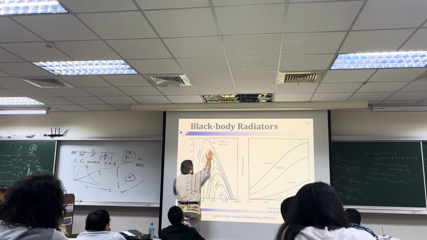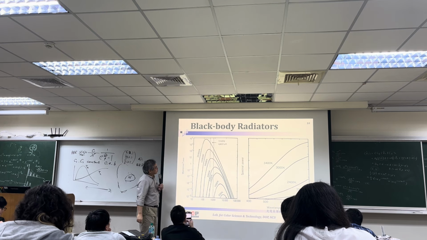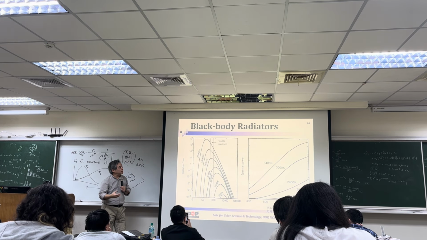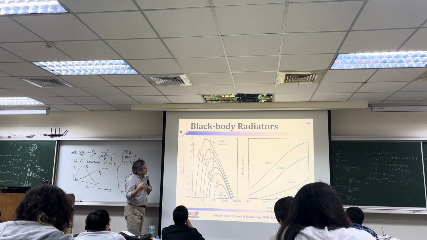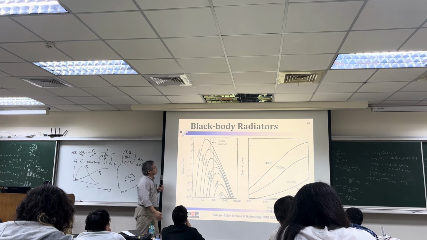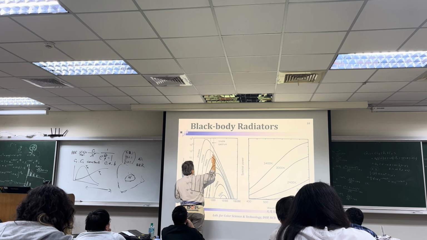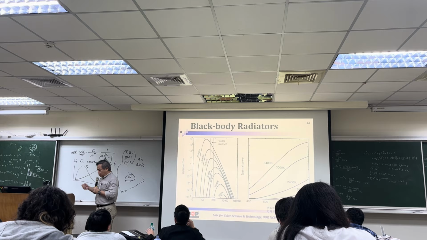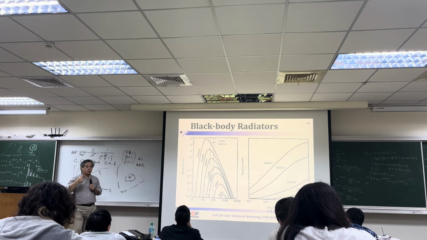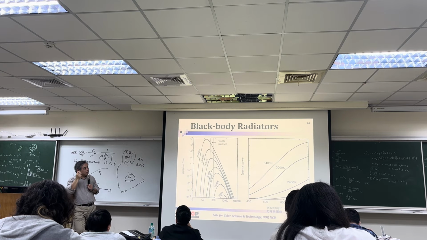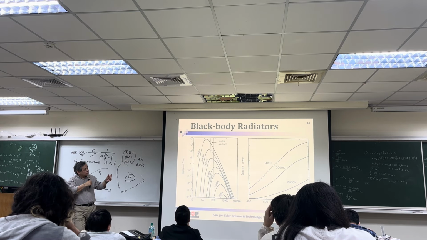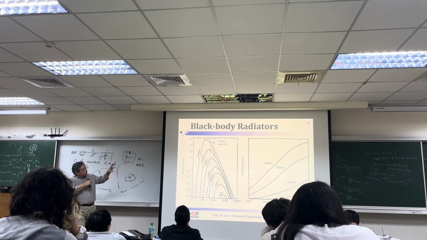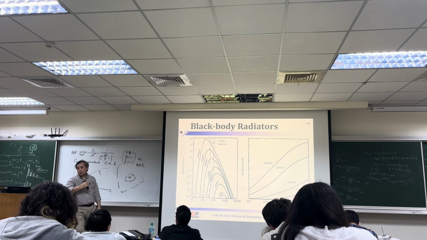The short wavelength region will have higher energy than the long wavelength region, so the spectral distribution becomes this kind of shape. So the color should be more bluish. You will see more blue color in the light, because the short wavelength region has higher photon energy, right?